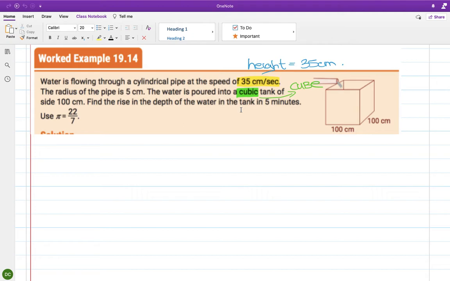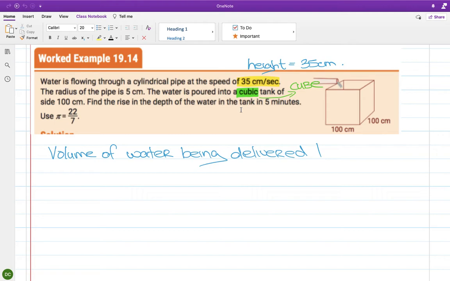Okay, so we need to work out the volume of water being delivered to the tank. The volume of water being delivered to the tank.